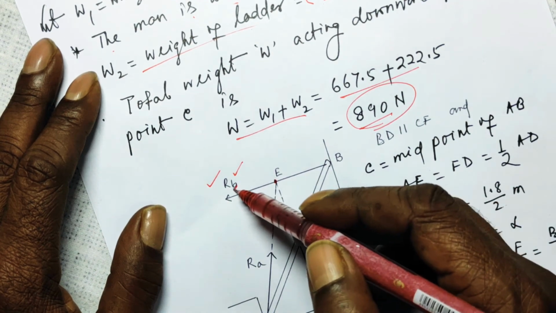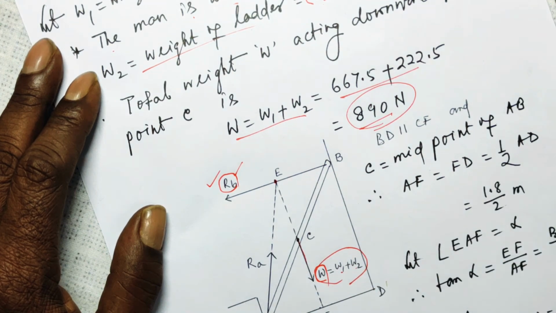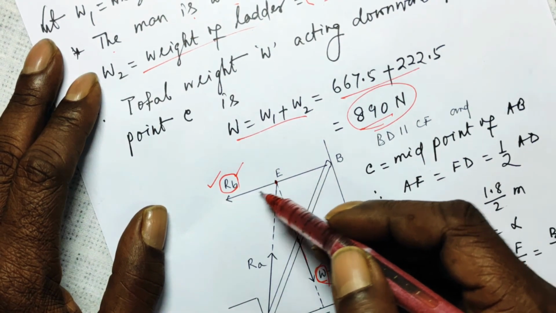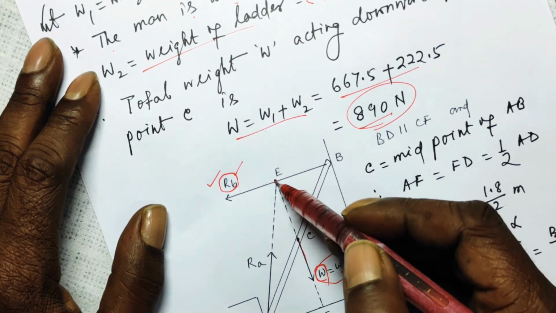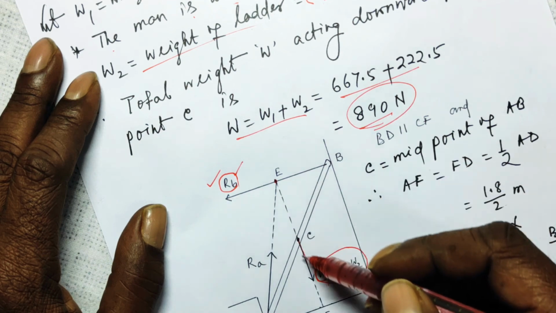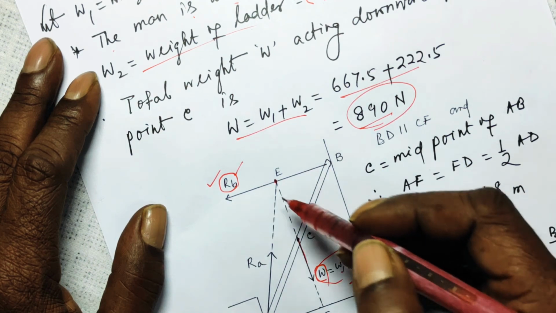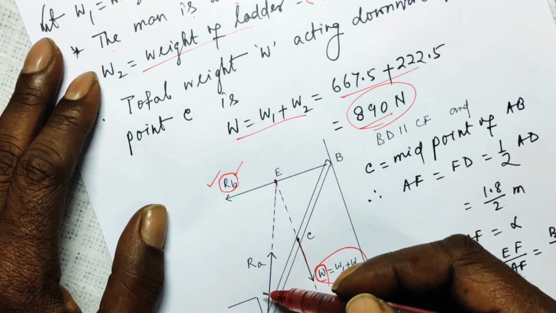So RB is one force and W is one force. So the resultant of RB and W will be pointing to this side. If you construct a parallelogram taking RB as one side and W as one side, the resultant of RB and W will be pointing to this side.